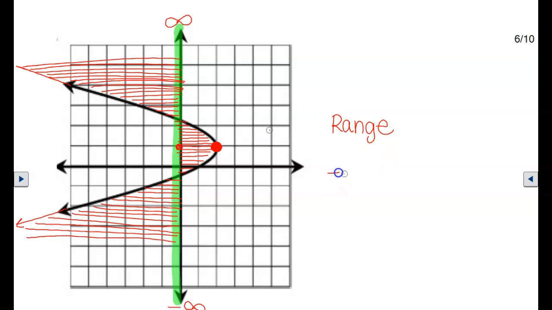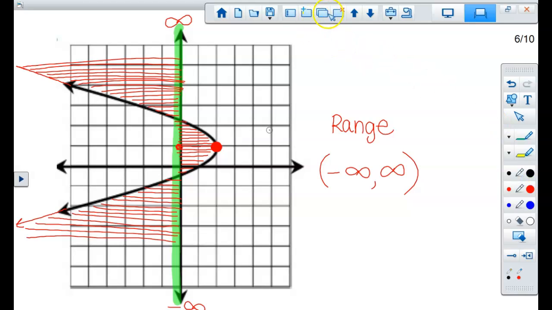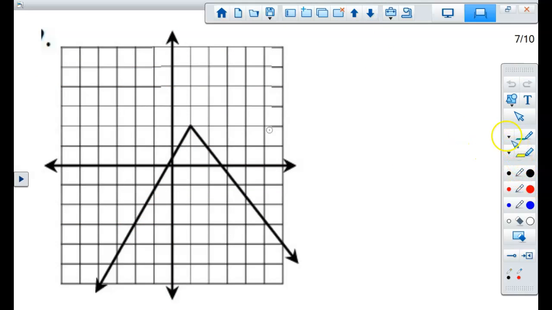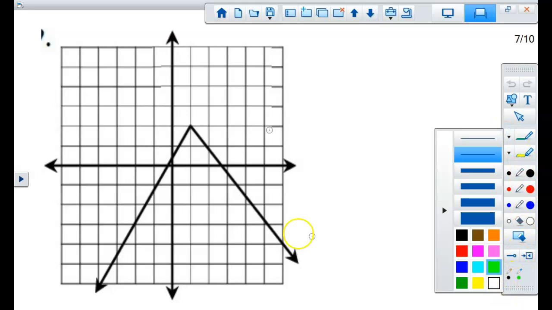So your range would be from negative infinity to infinity. Parentheses for both. Every point on that graph you have to visualize, imagine, tracing every single point on that graph back to the y-axis.